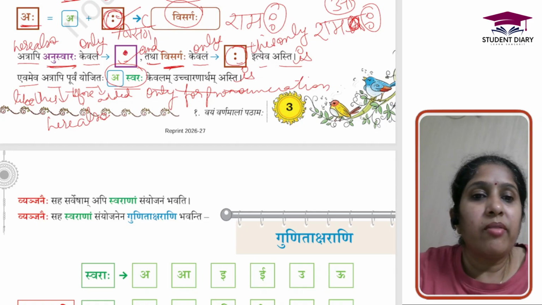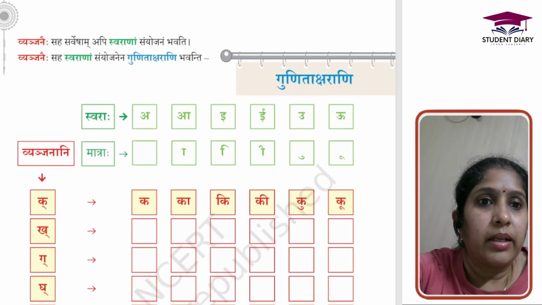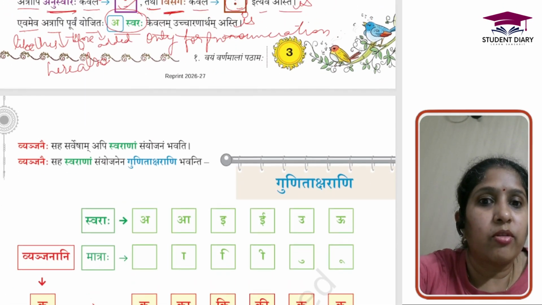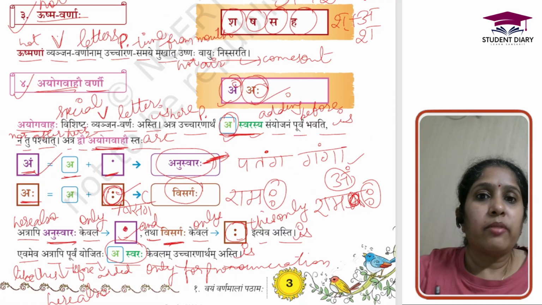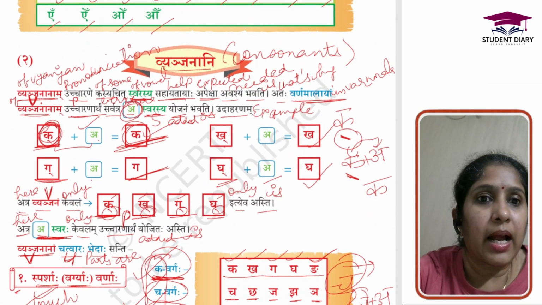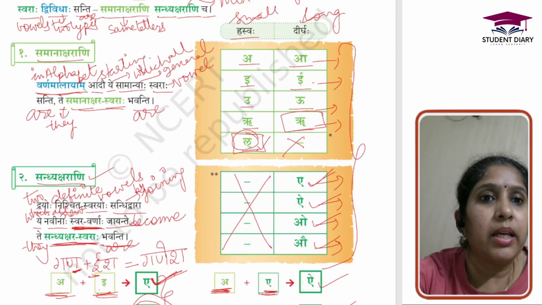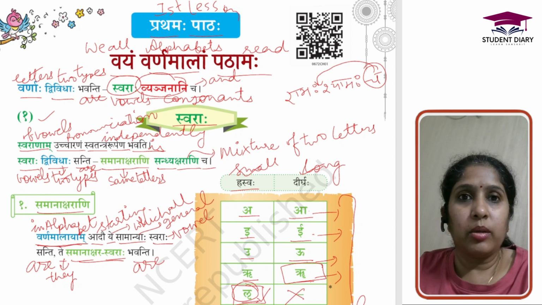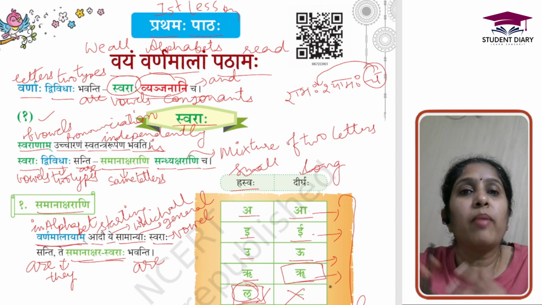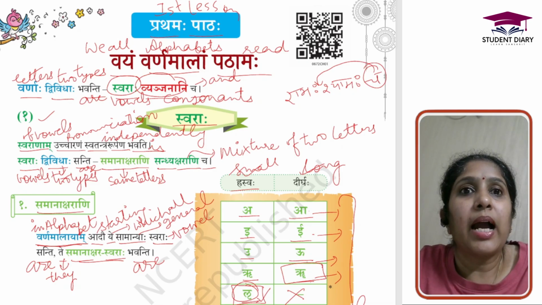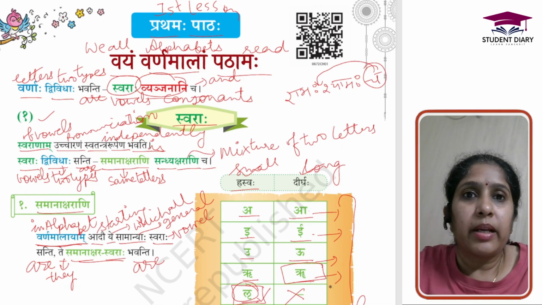Okay, I hope everyone has understood till here, and we have to do the vyanjan now, and after that we have to do gunit aksharani. So for today we have completed half of the chapter. I would suggest that everyone go back to your chapter, see that all the notes you have taken are proper, and read the full chapter till now.